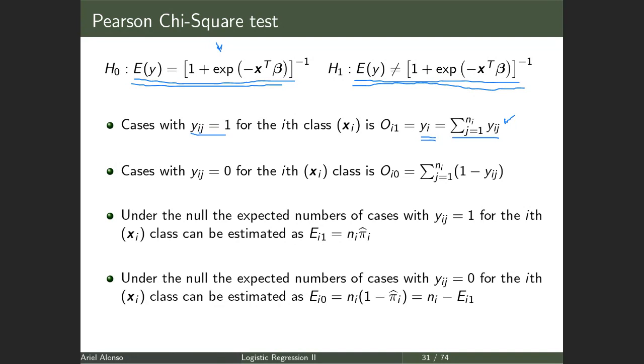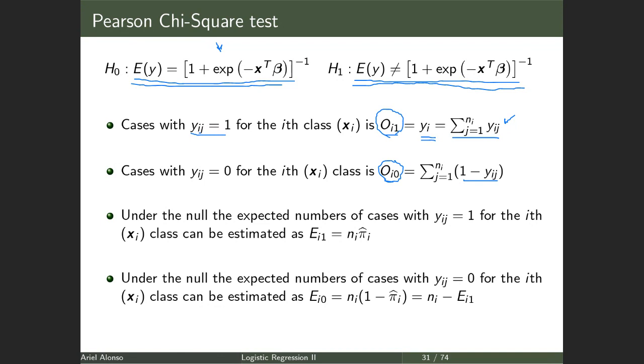So yi is the number of successes I observe in treatment i. And how many failures do I observe? Well, if you sum 1 minus yij, we call that Oi0, and we call this Oi1. That will be the observed number of failures in treatment i, and this will be the observed number of successes in treatment i. You can calculate that with the data.